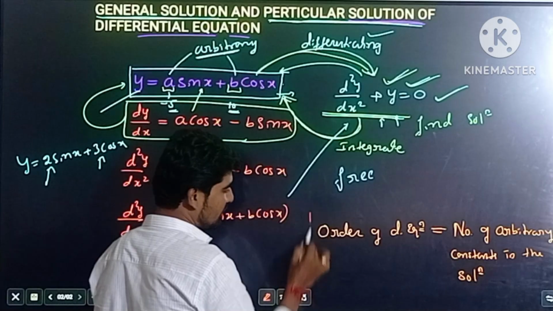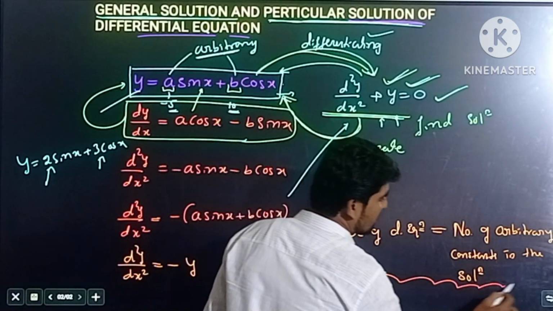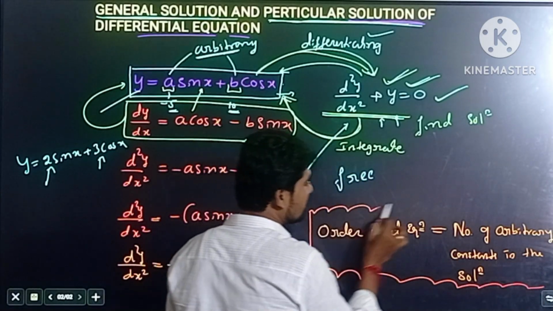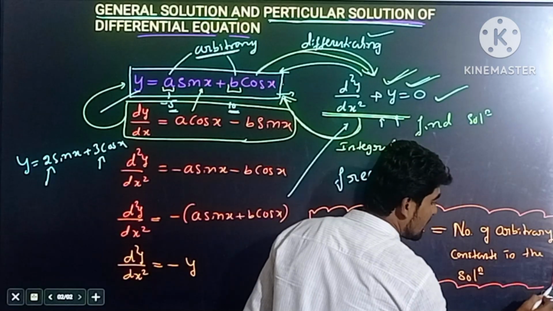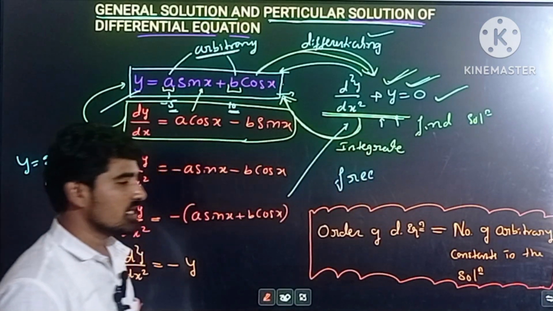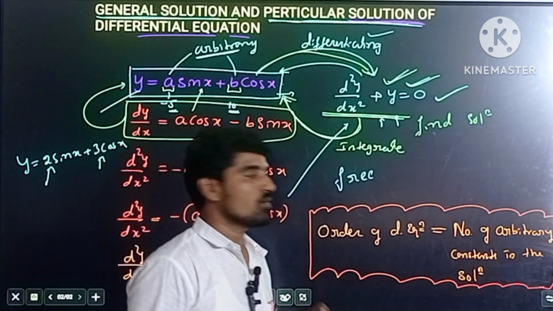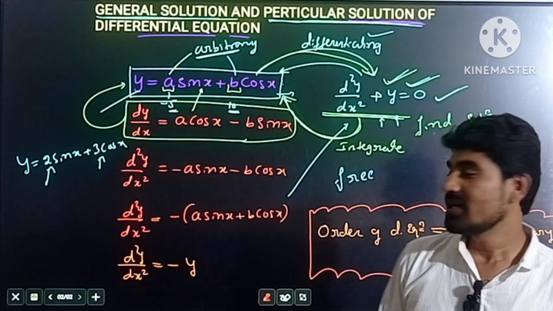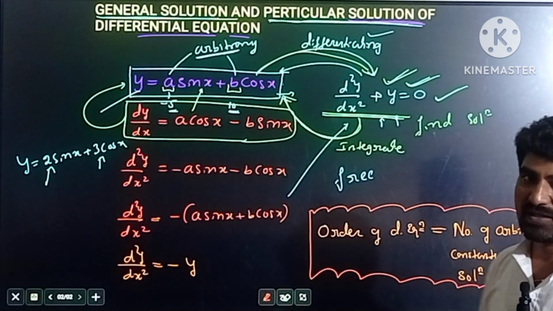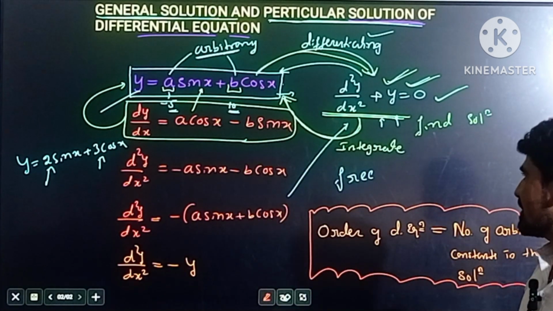So, important point: how many times do we need to differentiate y? The number of times of differentiating a solution should be equal to the number of arbitrary constants in the solution of the differential equation. I hope all of you understood.